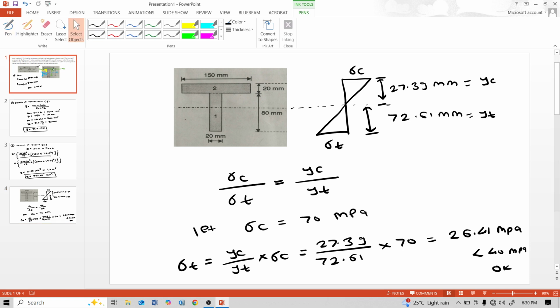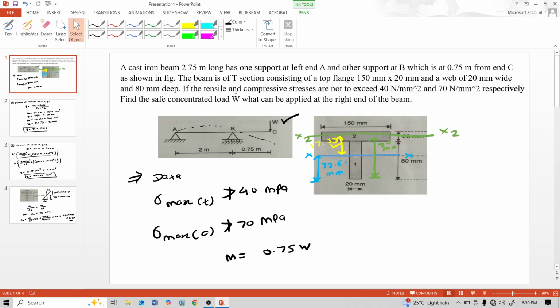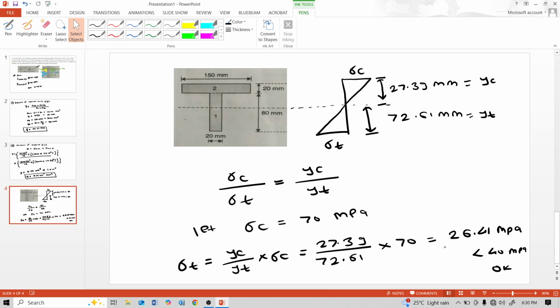Because in the numerical, tensile stress is not to exceed 40 Newton per mm square, or 40 MPa. So this is okay. Now next, calculate the moment of resistance. For the calculation of the moment of resistance, use the bending formula.